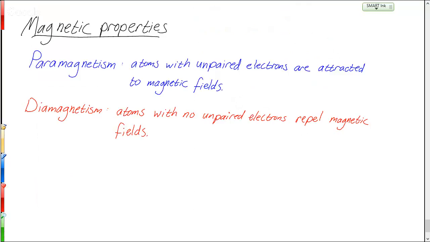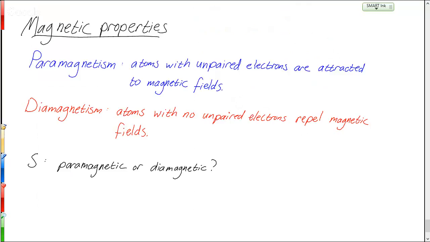So let's say we want to look at sulfur. And we want to know if sulfur is paramagnetic or diamagnetic. It's not enough just to do the electron configuration. We have to actually draw it out and see.